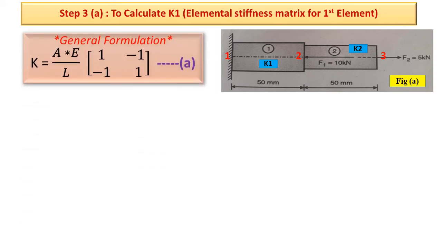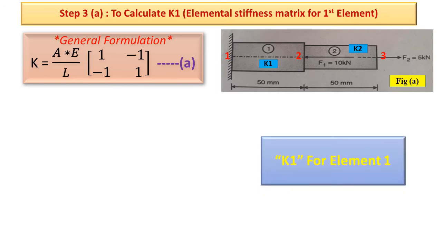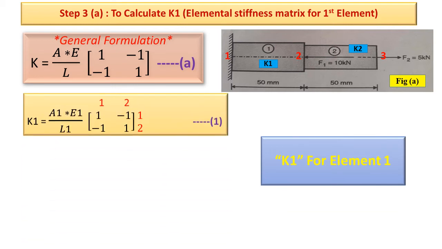The general formulation is K equals AE upon L, [1 -1; -1 1]. Therefore, as we have to calculate now K1 for element 1, our formula will change to K1 equals A1 E1 upon L1, where this 1 everywhere stands for element 1, meaning K1 is the stiffness matrix for the first element, area of the first element, Young's modulus of the first element, length of the first element.